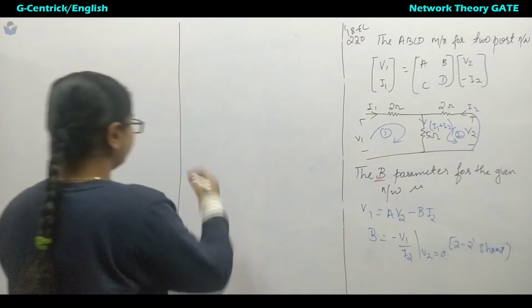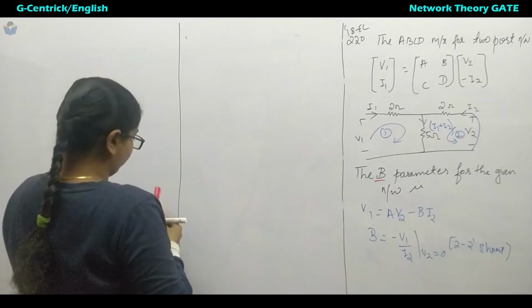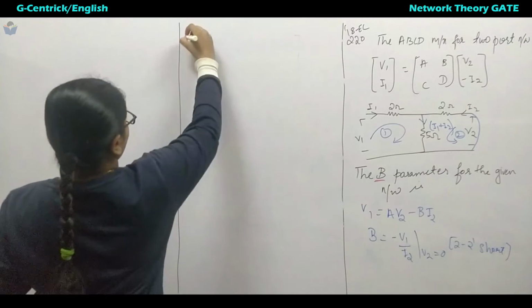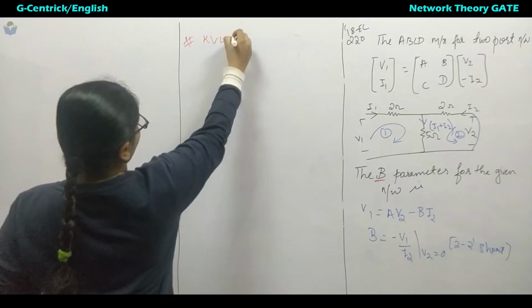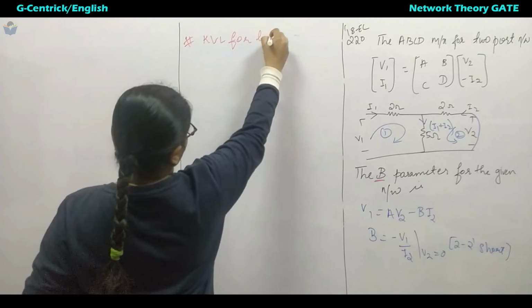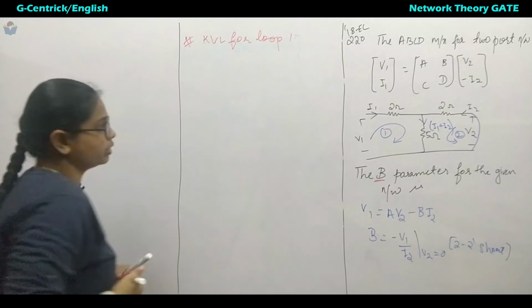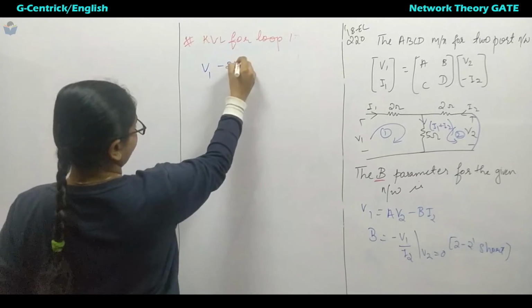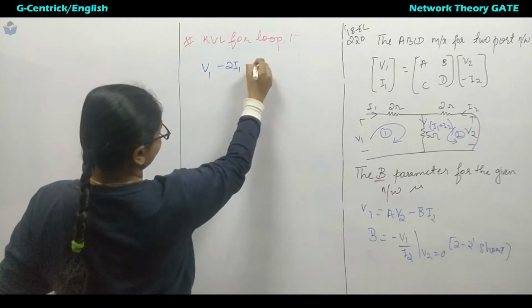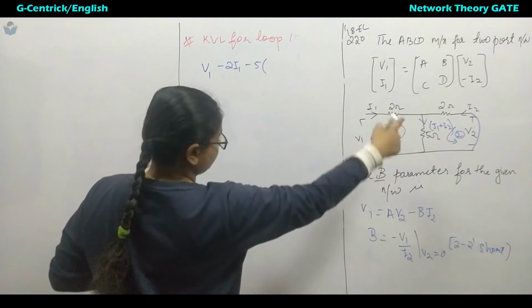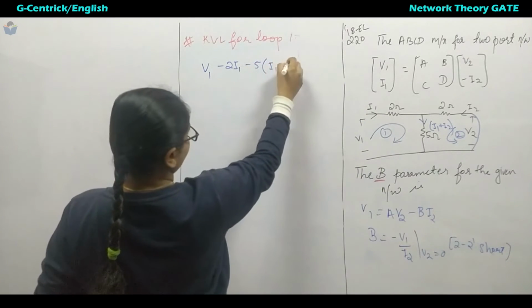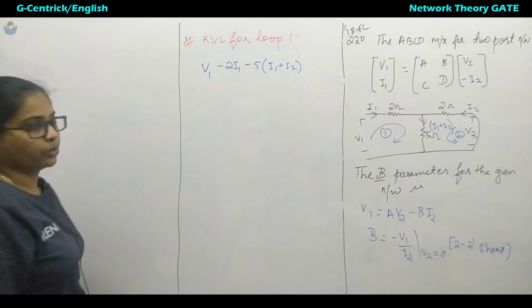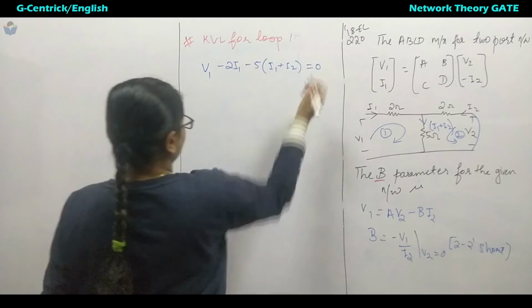For loop 1, we'll apply KVL. What will we get? Plus V1 minus 2I1, and this 5 is in the same direction, so it will be 5 times I1 plus I2, which will be equal to 0.